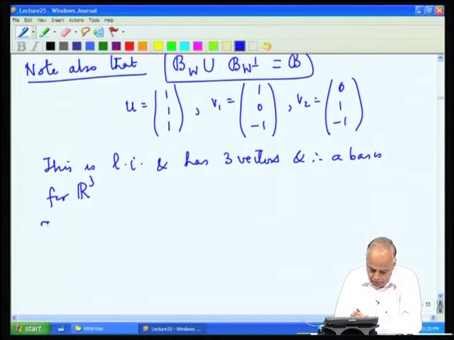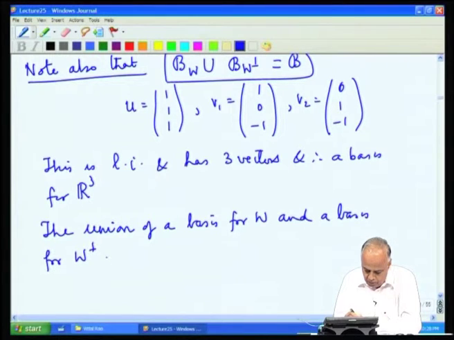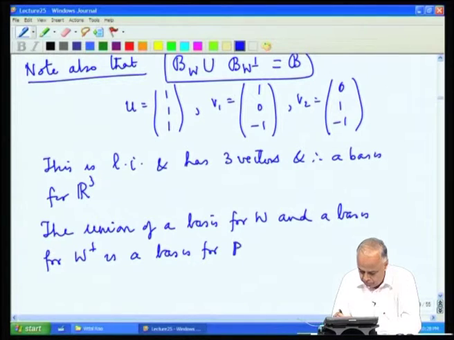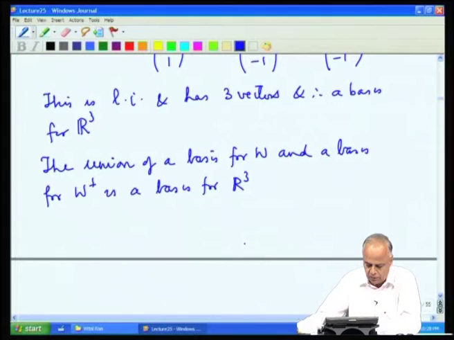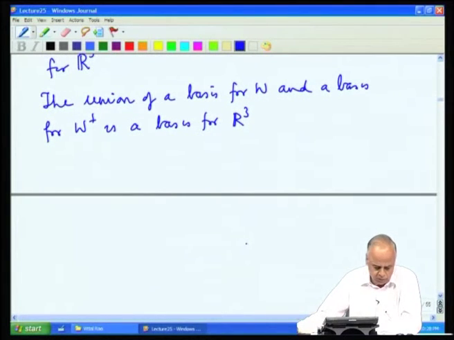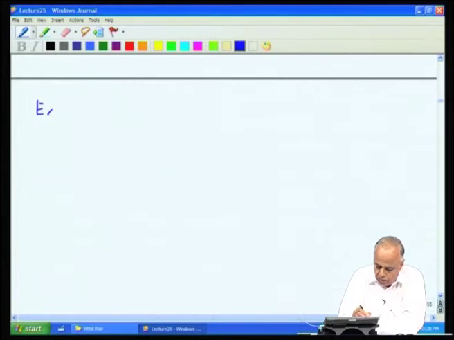So, the union of a basis for W and a basis for W perp is a basis for R3. That is in this example. We will see the more general version that this is in general true a little while later. Let us now look at another example of this construction of the orthogonal complement.